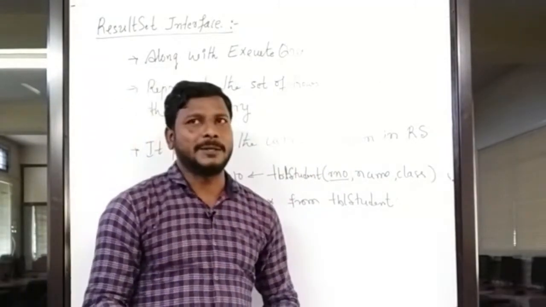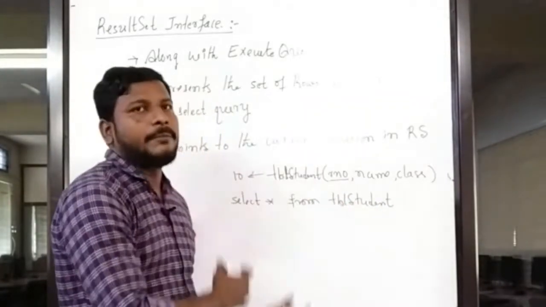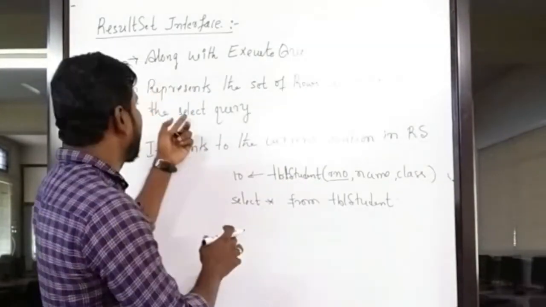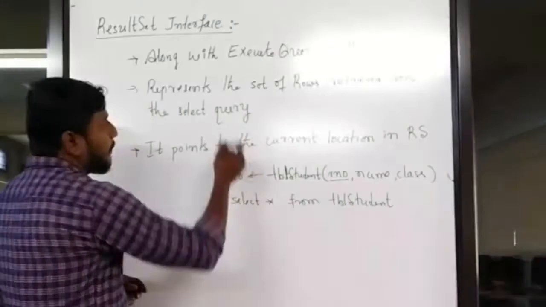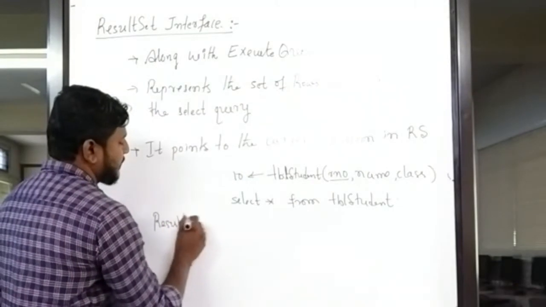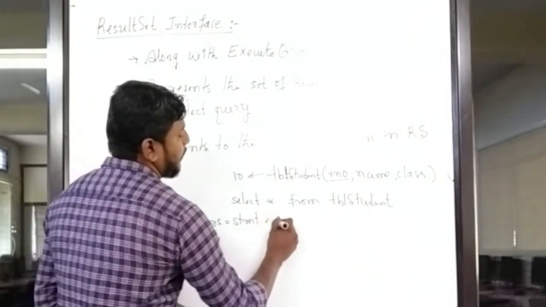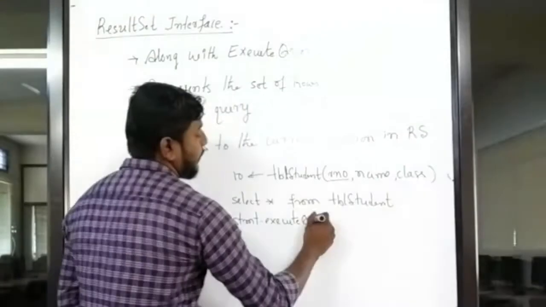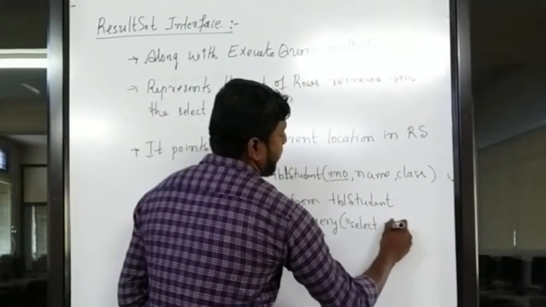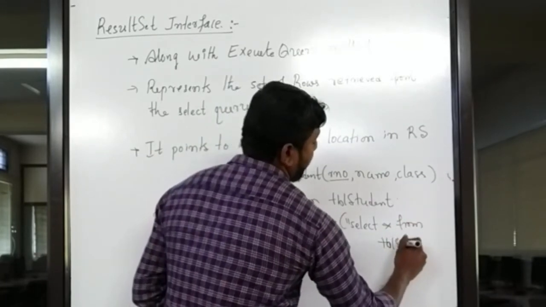That query you executed in SQL. The same thing, if I execute a select query in Java, the information retrieved is a set of rows and columns, and that will be stored in the form of a result set. So in JDBC we write it like this: we create an object for the result set, ResultSet rs equal to the statement object dot execute query, and here you pass the select query, like select star from TBL student.